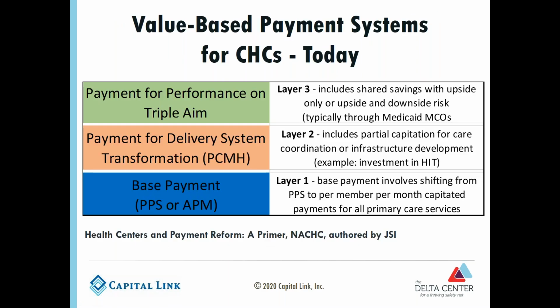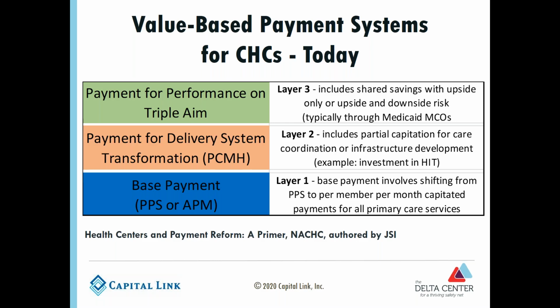Okay, so you've seen these next two slides already. We're going to go through them fairly quickly. There are ways of looking at value-based payment systems, and they're basically a three-layer approach. All of you are working with some type of base payment. Some of you are actually still in what we might call layer 0, which is a pure fee-for-service world. But many have moved on to a base payment involving a per member per month payment.